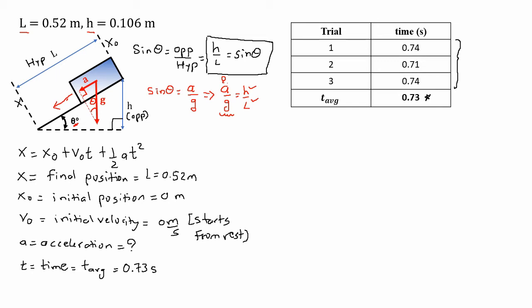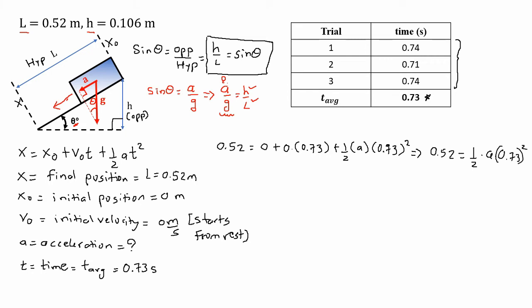So 0.52 equals 0 plus 0 times 0.73 plus half times A times 0.73 squared. That gives us 0.52 equals half times A times 0.73 squared, because these two cancel out.